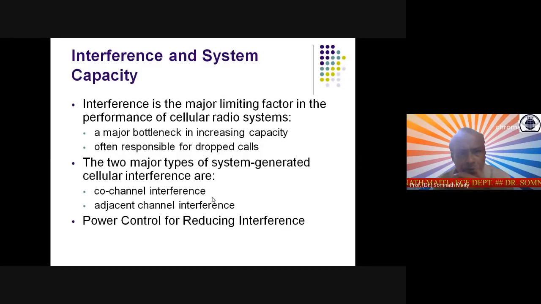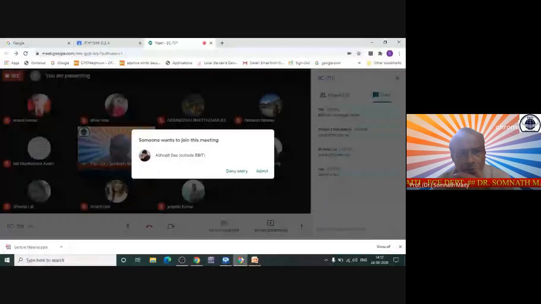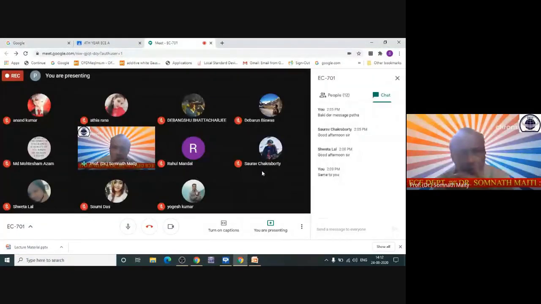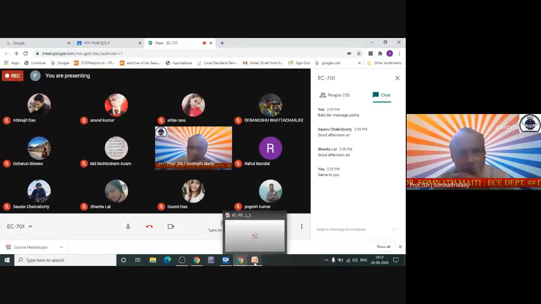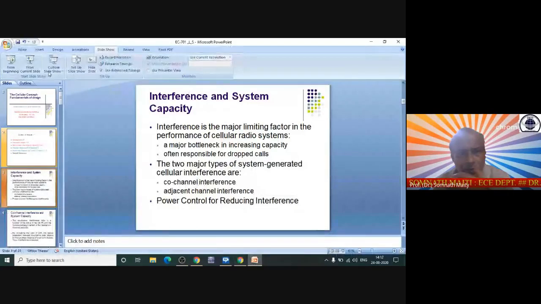So the service provider is always searching for a technique which can increase their capacity or their subscriber base.